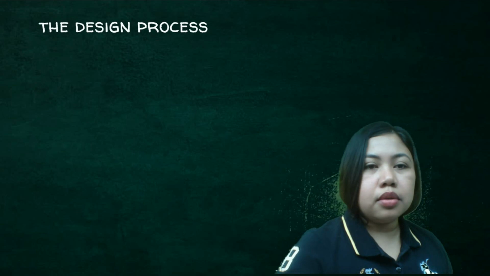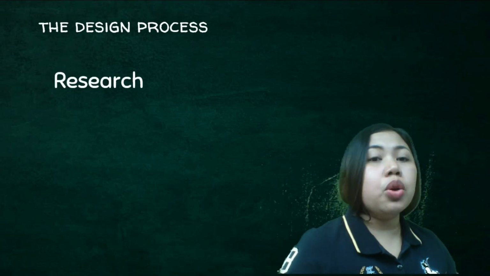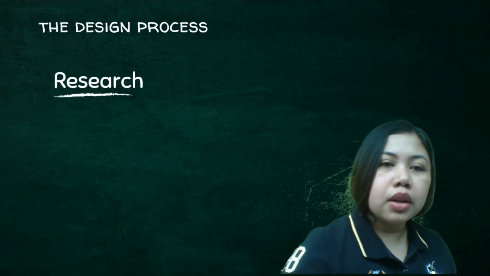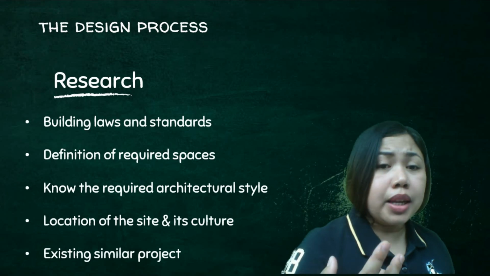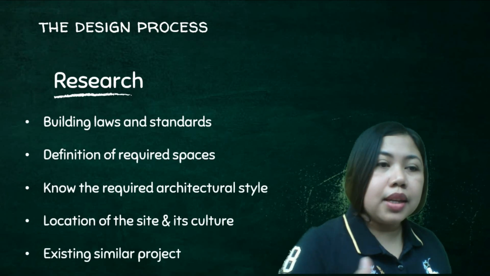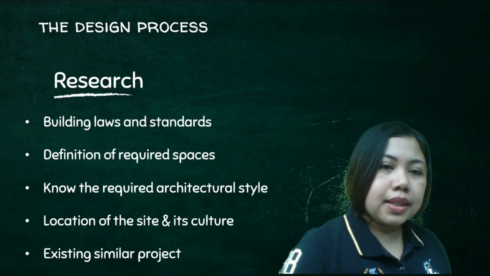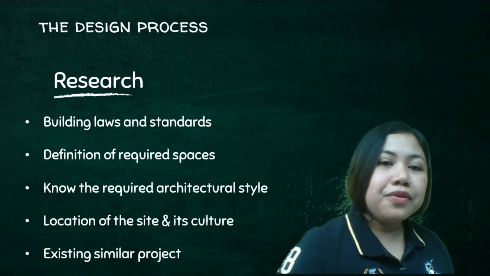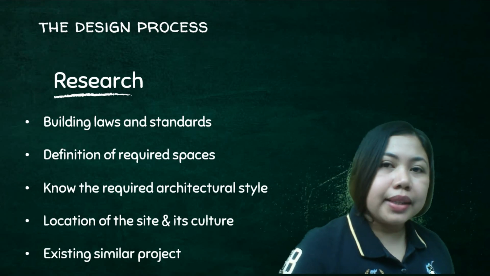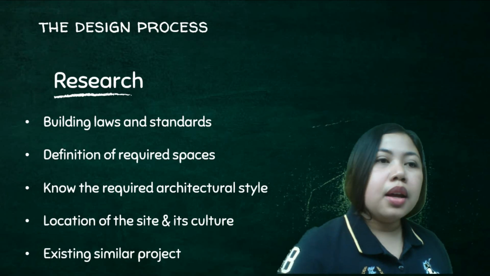So the first step on the design process is you research. So you research about the building laws and standards needed to the problem. In this case, PD 957 and PD 1096 is very helpful.